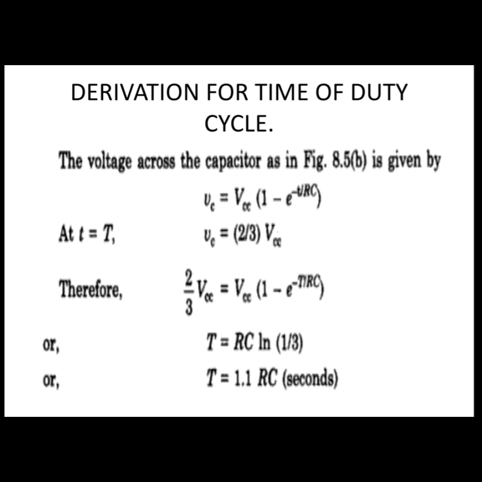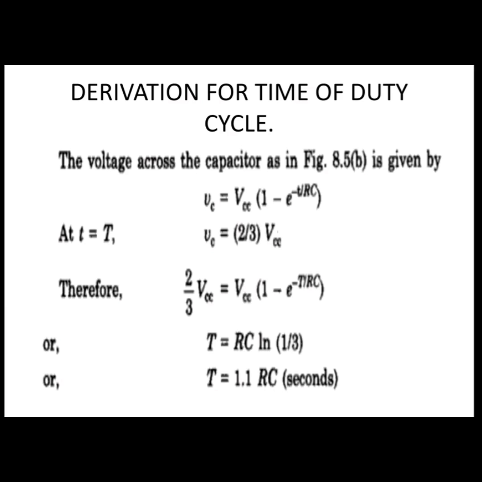The voltage across a capacitor, as you might have come across, small vc will be the voltage across the capacitor, and VCC will be our biasing voltage, and T will be the duty time, and R and C will be the resistance and capacitance, at t equal to T, when vc equals 2 by 3 VCC. T equals the time period of the waveform, and the voltage across the capacitor will be 2 by 3 VCC.